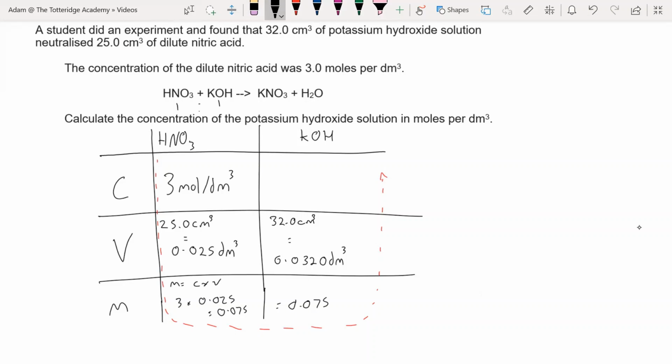So we know that concentration is moles over volume, which is 0.075 divided by the volume, which is 0.0320.